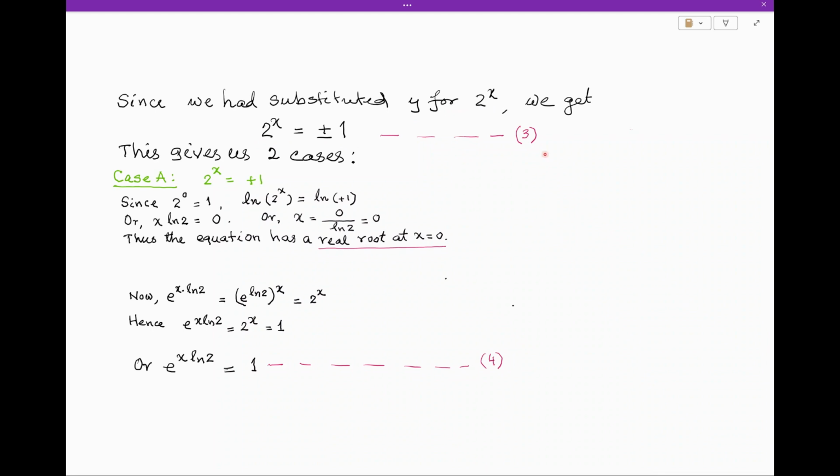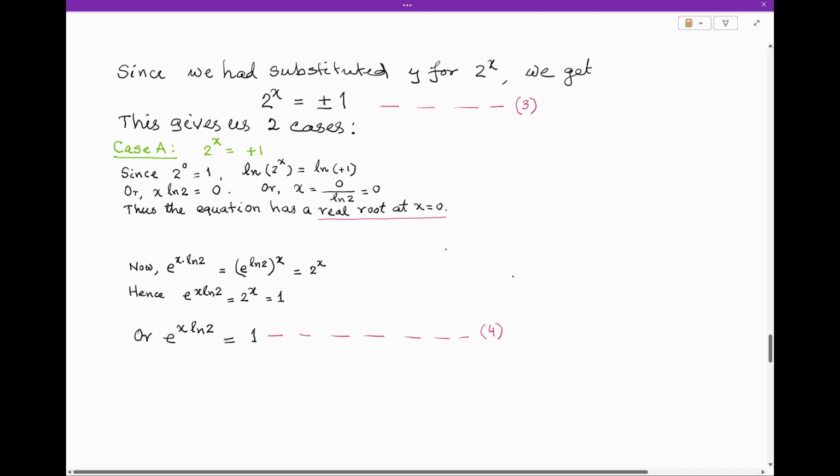Let us call it equation 3. This gives us two cases. Case 1, 2 to the power of x is equal to plus 1, and later we will consider case 2, which is 2 to the power of x is equal to minus 1.